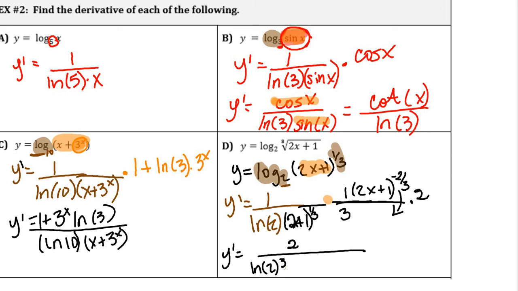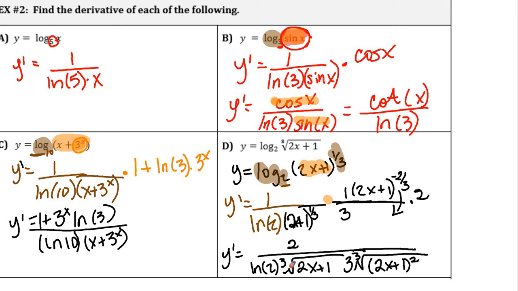Just going to leave that as a cube root of 2x plus 1 times 3. And remember, an exponent of 2/3 means I'm taking the cube root and I'm squaring that.